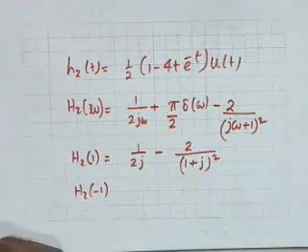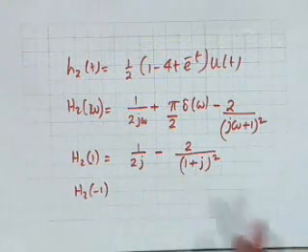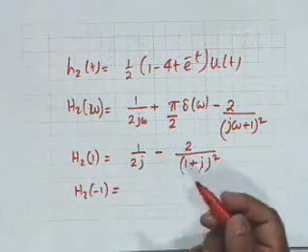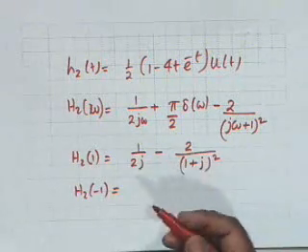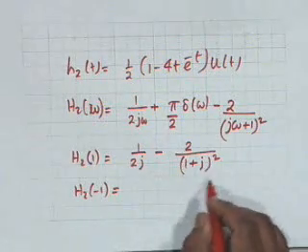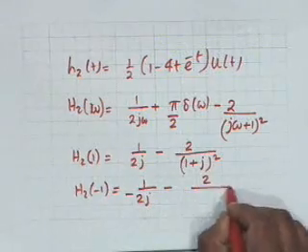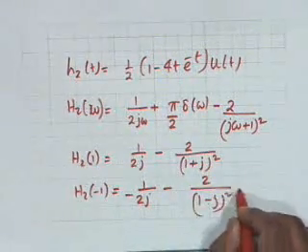This also can be simplified, make the denominator a real quantity. Well, it may not be needed either way, it does not afford much of a simplification, but nevertheless it is prudent to do this. This would be 1 over minus 2j minus 2 divided by 1 minus j whole square.